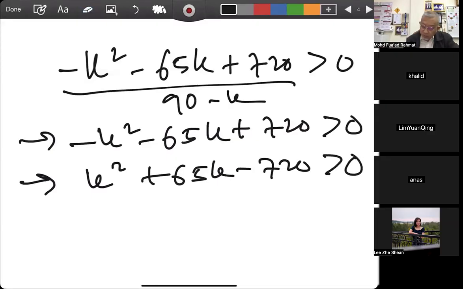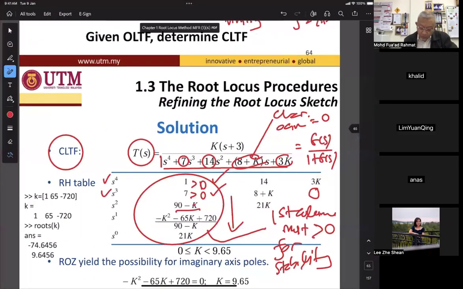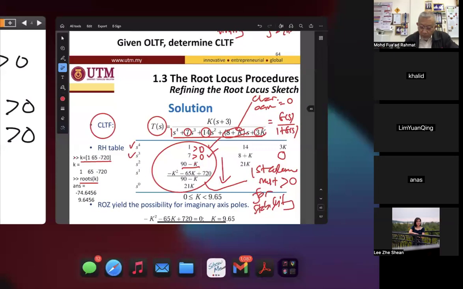So we have to find the roots for this. What are the roots for K? In order to find the roots, we use a calculator, or we simply use MATLAB at the command prompt. We type here K is equal to 1, 65, minus 720 as the row vector. And then we use the command roots(K). So roots(K) will give you two values, minus 74.64.